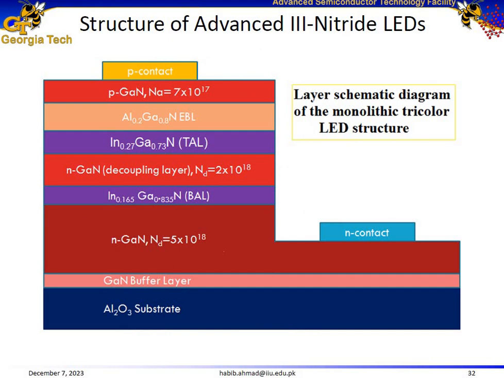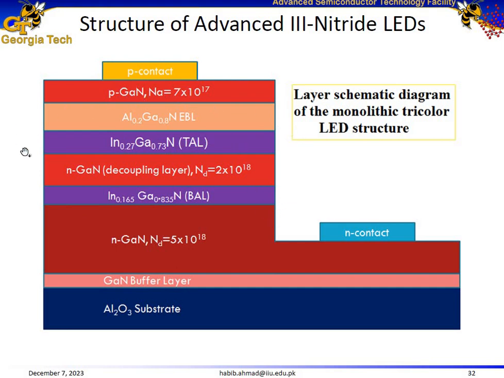Then we can grow even more complicated structures. For example, here is the layer structure diagram of one of the LED structures that I personally designed in Silvaco TCAD software, and it is gallium nitride based, in which the outer layers are N-type gallium nitride and P-type gallium nitride.